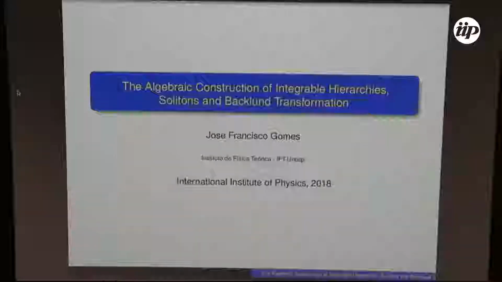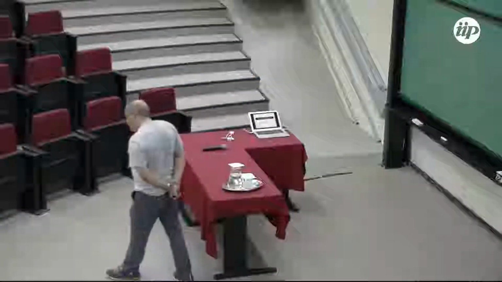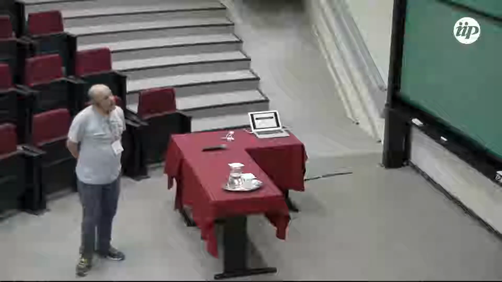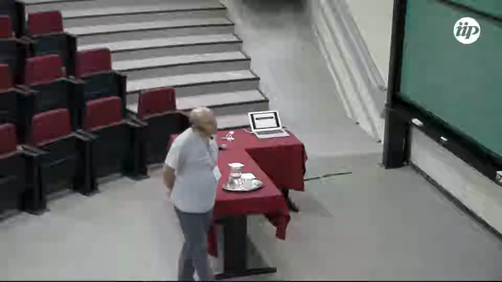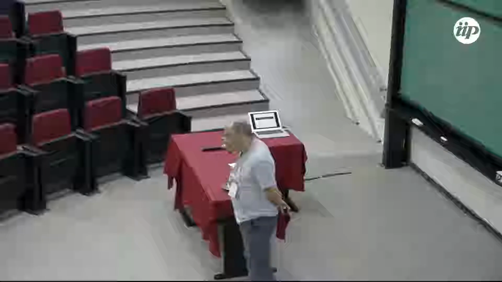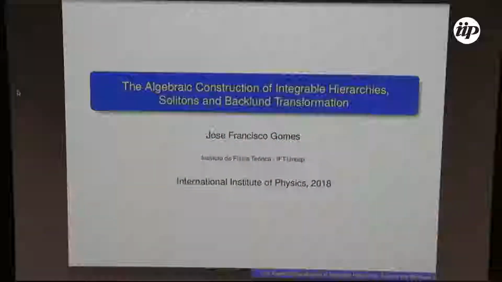This is mainly because of the better understanding of infinite dimensional algebras, its representation theory, and how we can implement this kind of mathematics to construct completely integrable equations, and also to construct its Soliton solutions and other properties.